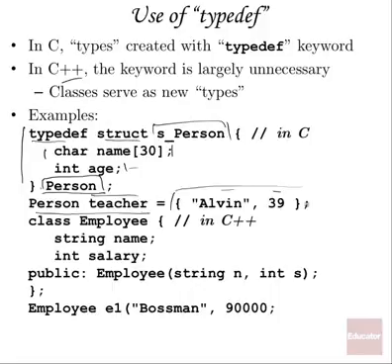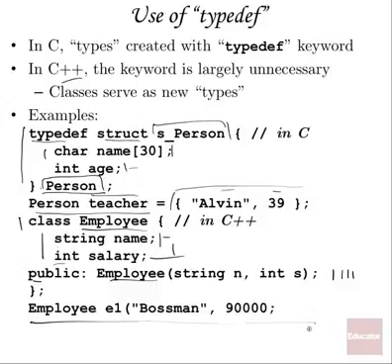Sure, 39, really. In C++, instead of using a typedef, you would just define a class. Call it, say, employee, the string name, and an integer salary, and then have a public portion. All this is private. You'd have a bunch of other public methods for accessing the private variables, or you just make them public if you don't really need access controls. And so now you define an employee. So instead of having typedef structure blah blah blah employee, you just have class employee.